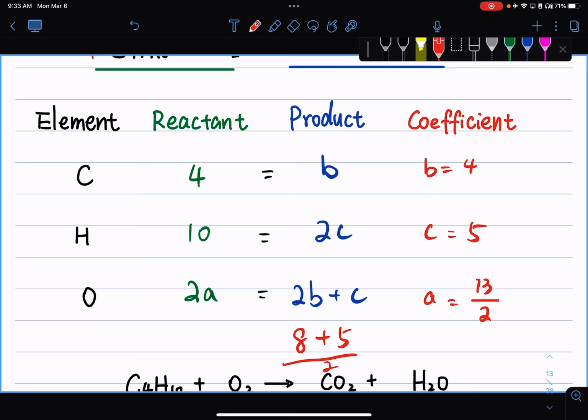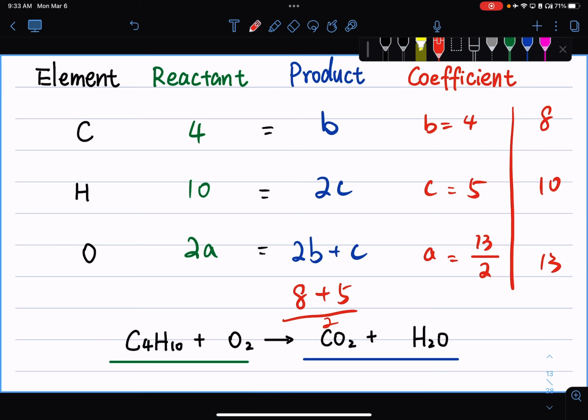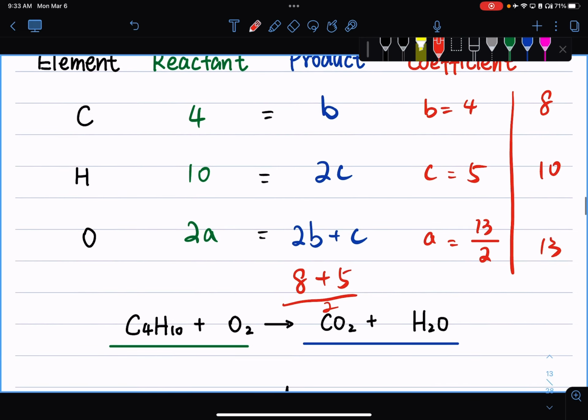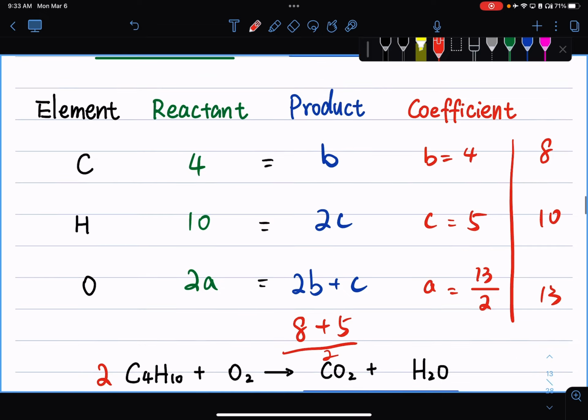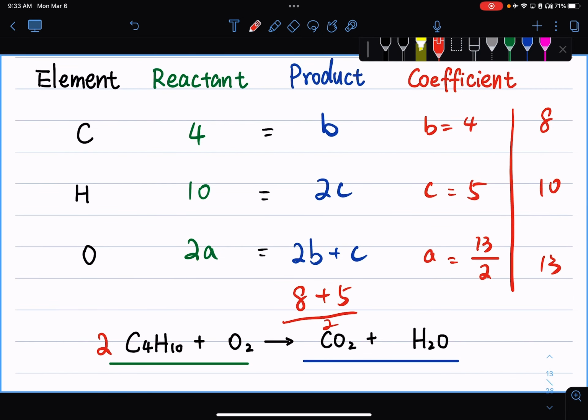And normally we don't have fractions in our chemical equations, so we multiply everything by 2. So that gives me 8, 10, and 13. So putting those coefficients into our original reaction, what we have is 2, A equals 13, 8, and 10.